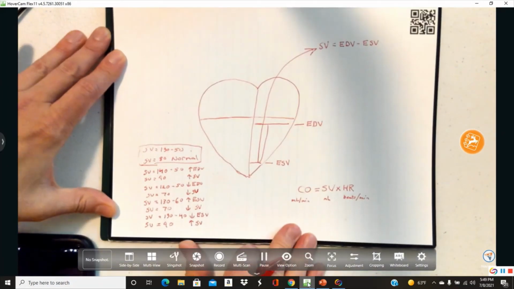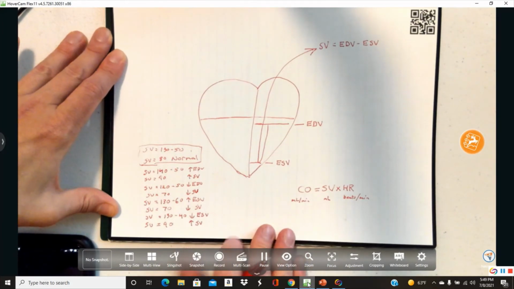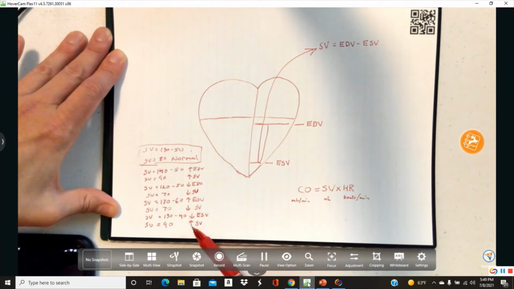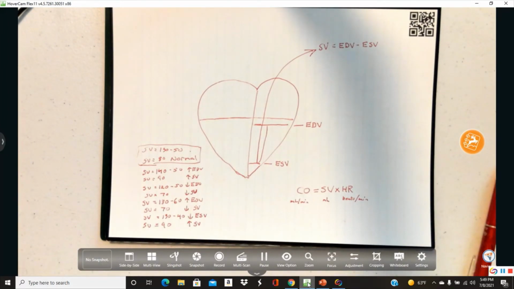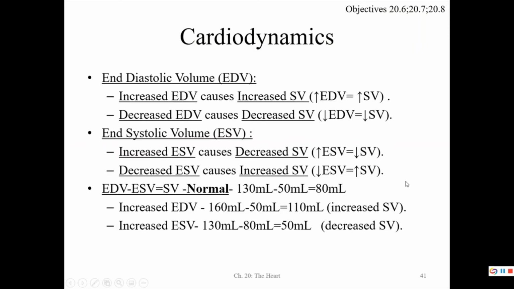So what you're noticing is that ESV and stroke volume go opposite directions, where EDV and stroke volume go in the same directions. Okay? That is an extremely important phenomenon to understand. And I've just mathematically proved it.